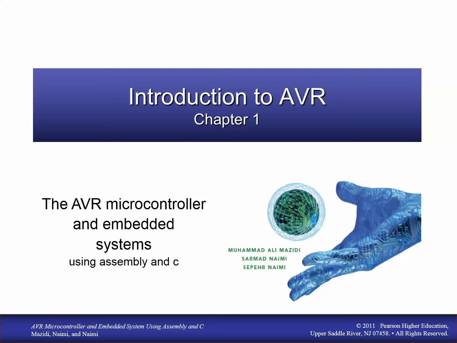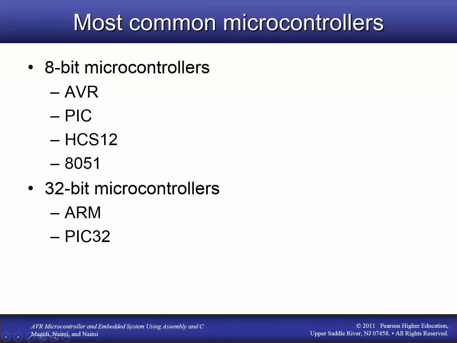The microcontroller that we're going to use is from the Atmel Corporation. We're going to use AVR microcontrollers. There are a lot of different microcontrollers. Here is a list of some 8-bit microcontrollers, which is what we'll work with, and then 32-bit microcontrollers.